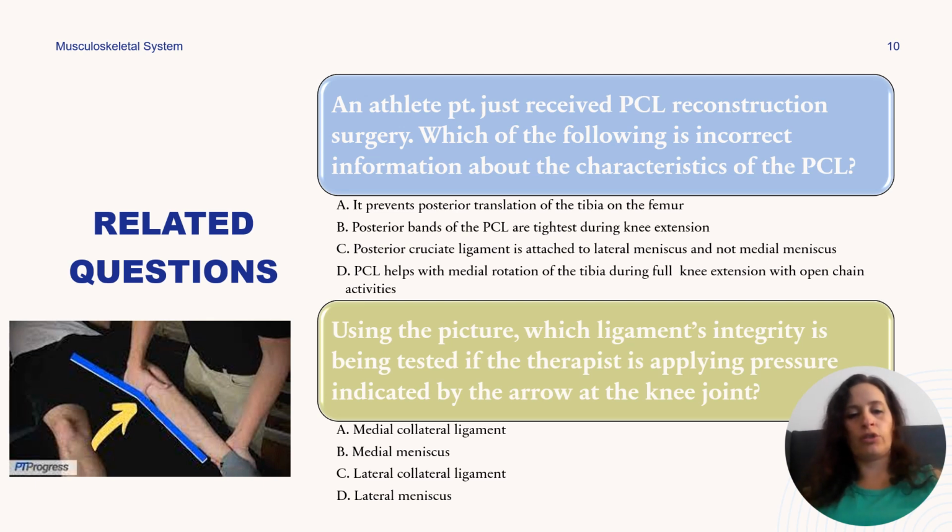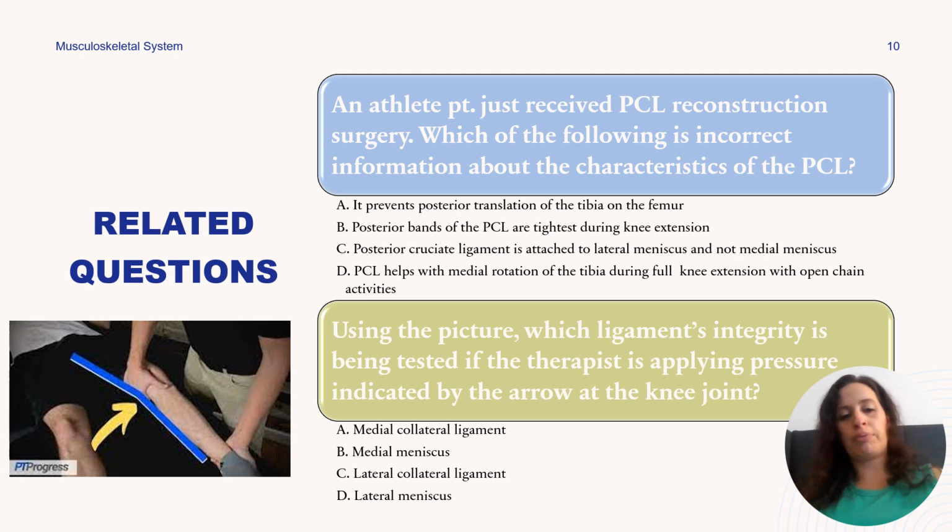Okay, so they're putting pressure. If you look at the leg they're touching, where the line is and where the arrow is, they're putting pressure on the inside of the knee going out, right? On the medial aspect of the knee, pushing towards the outside. So that is going to be testing the integrity of the lateral collateral ligament, okay?